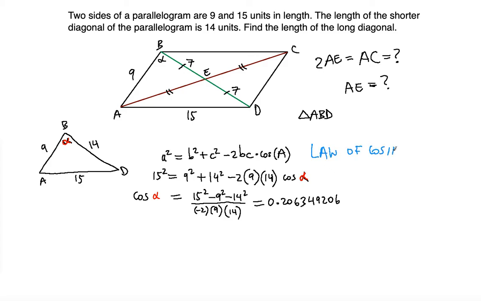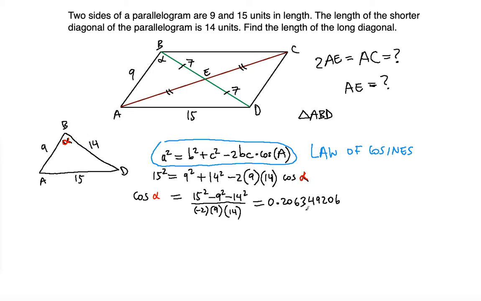This is the formula for the law of cosines. If you find your alpha, you will still need to take the cosine of it in the formula in order to solve for the AE side that we'll work with in triangle ABE. Right now we're working with triangle ABD, this triangle here.